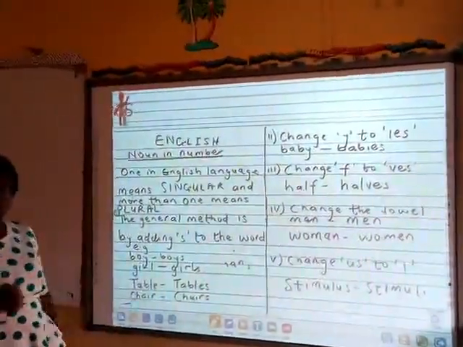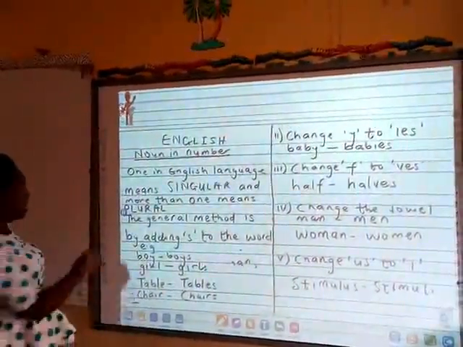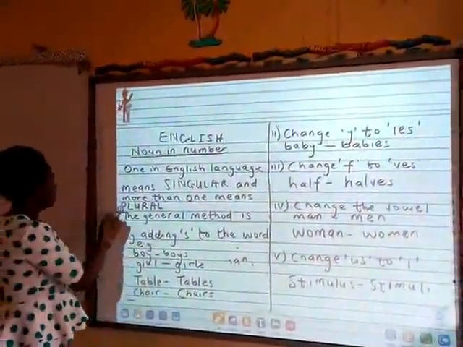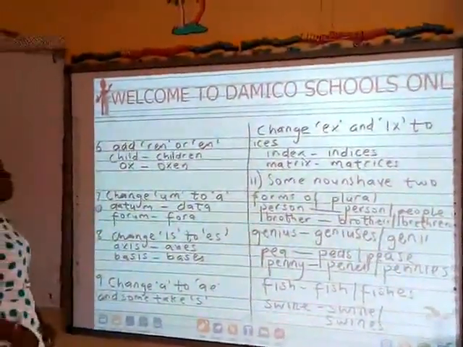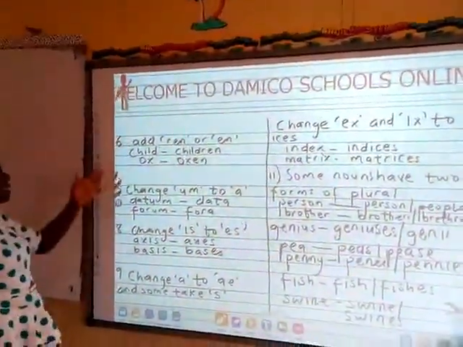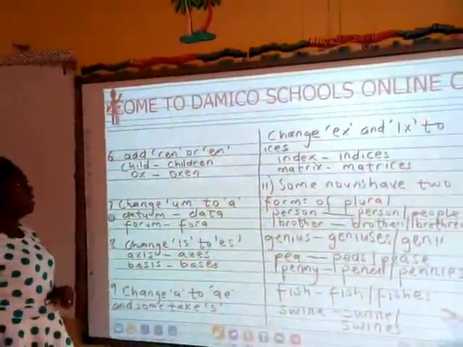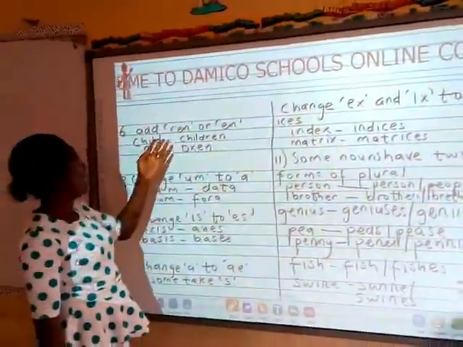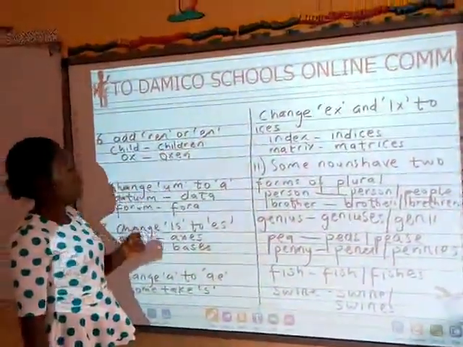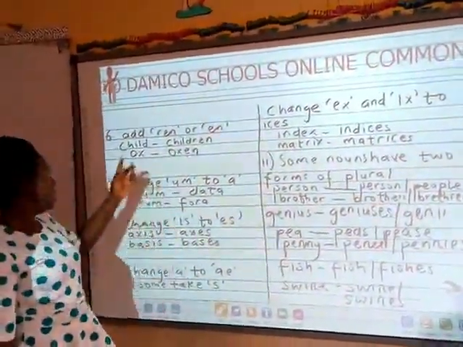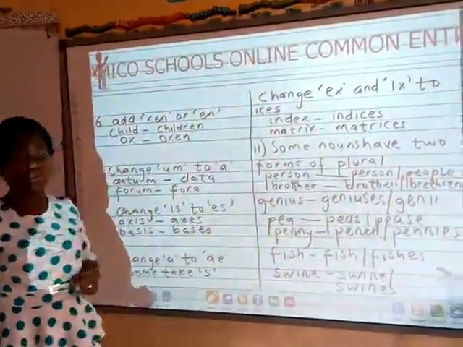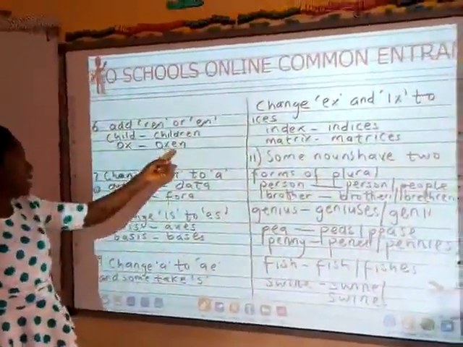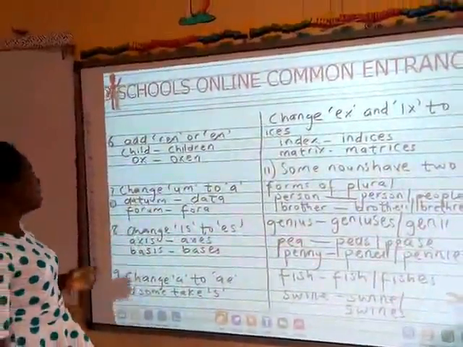We have syllabus, then you can now have syllabi. So, the next one we'll be looking at is adding REN or EN to a particular word. Child, you can add REN to form the plural, that is children. And for ox, you can add EN to form the plural, that is oxen.